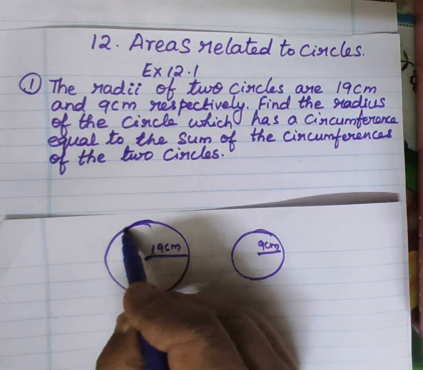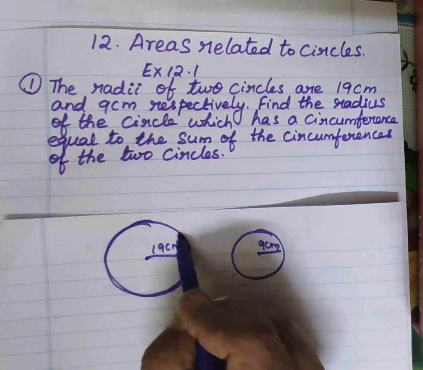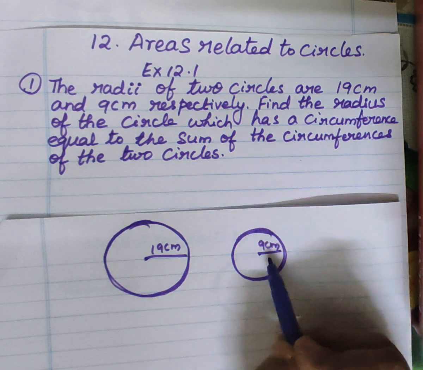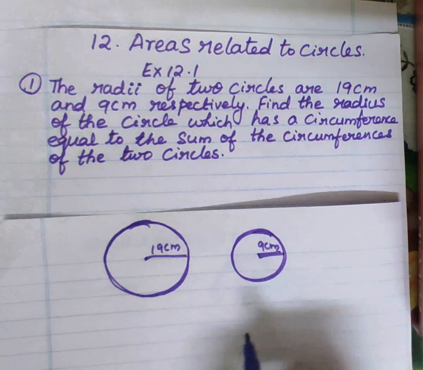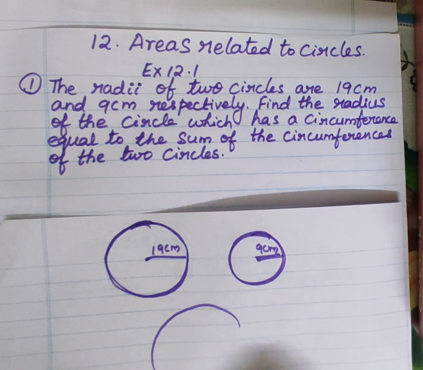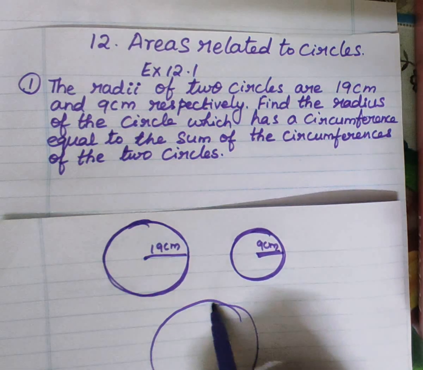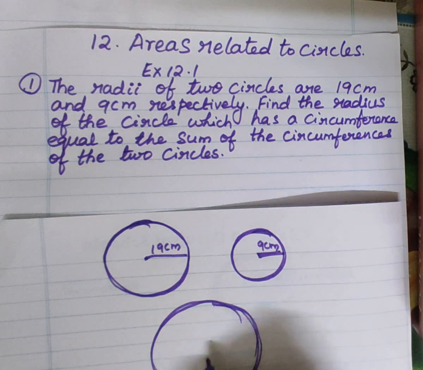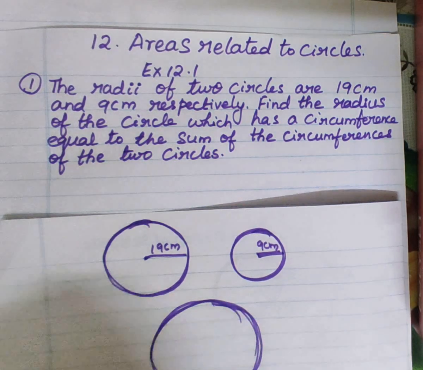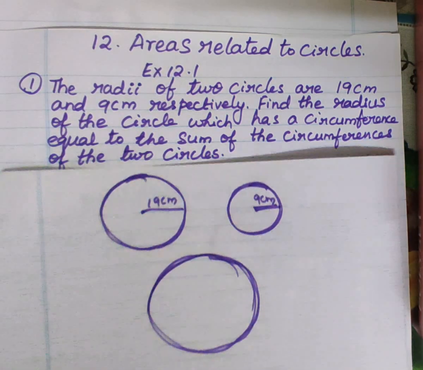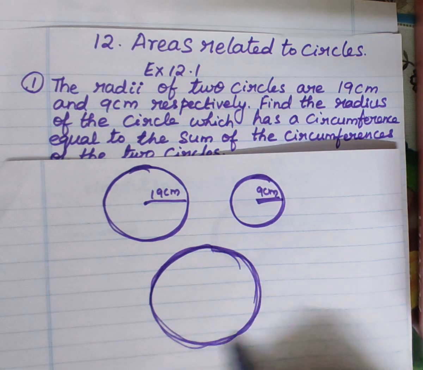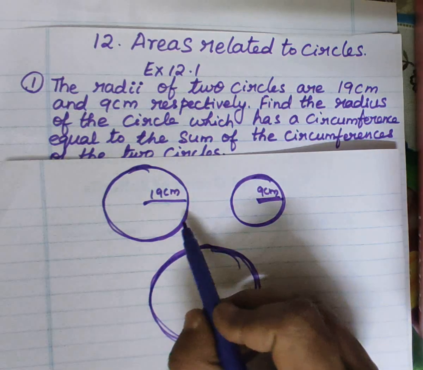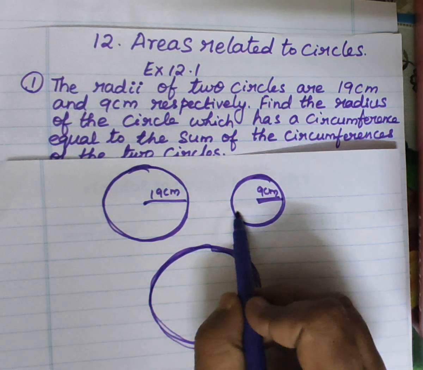So here you can see this is a circle whose radius is 19 centimeters and this is another circle whose radius is 9 centimeters. We are asked to find the radius of this circle whose circumference is equal to the sum of the circumferences of these two circles.